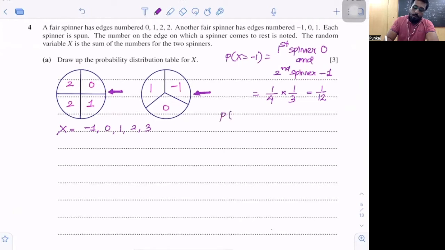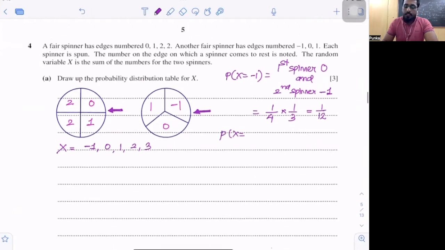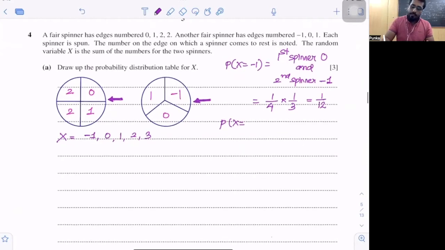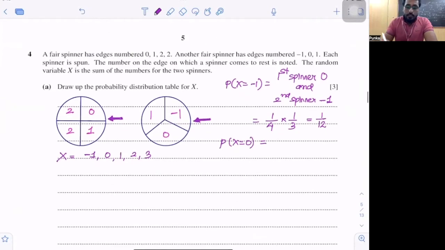Let's get the probability of x equal to 0. You've got to be very careful now. So I'm going to get 0 from the first spinner and 0 from the second spinner, 0 and 0.